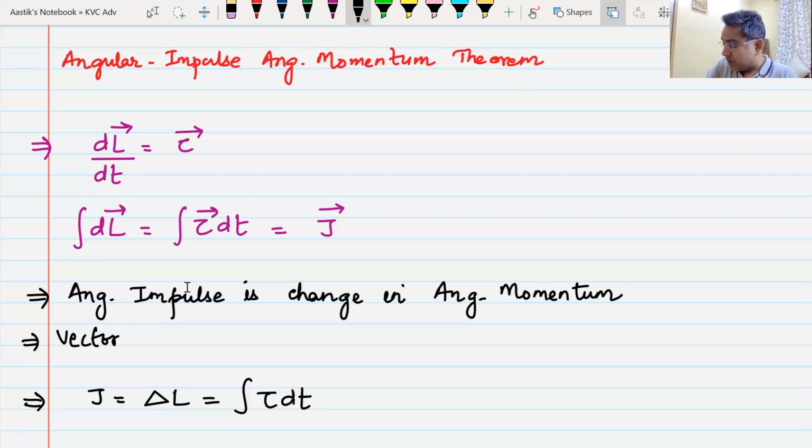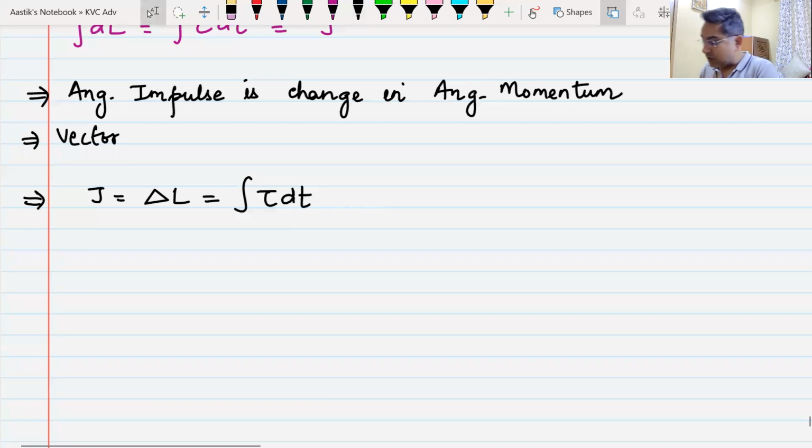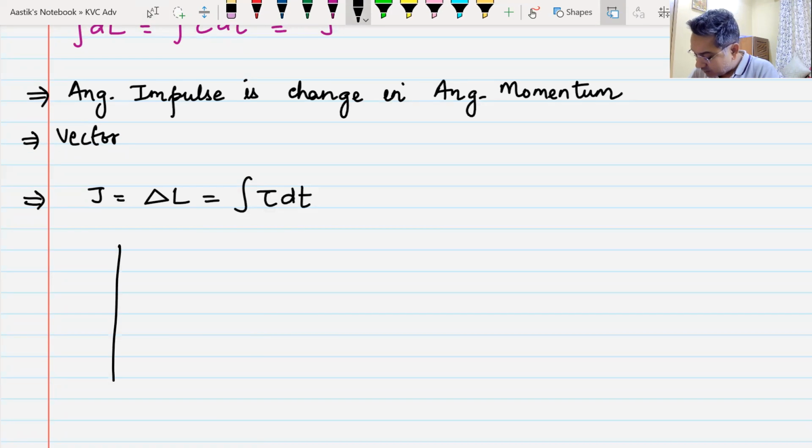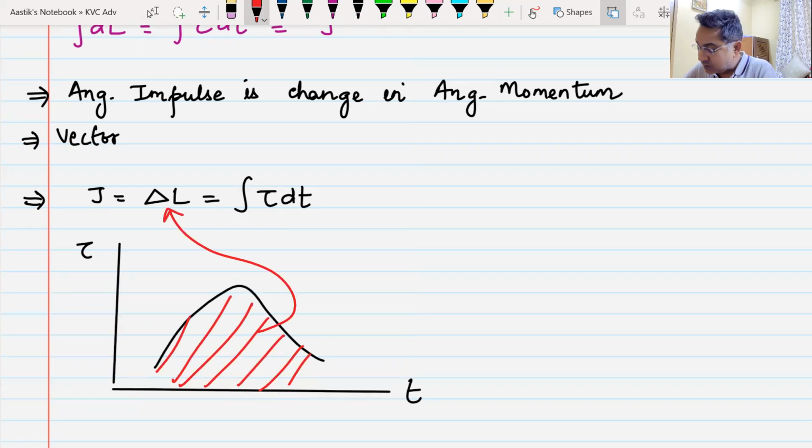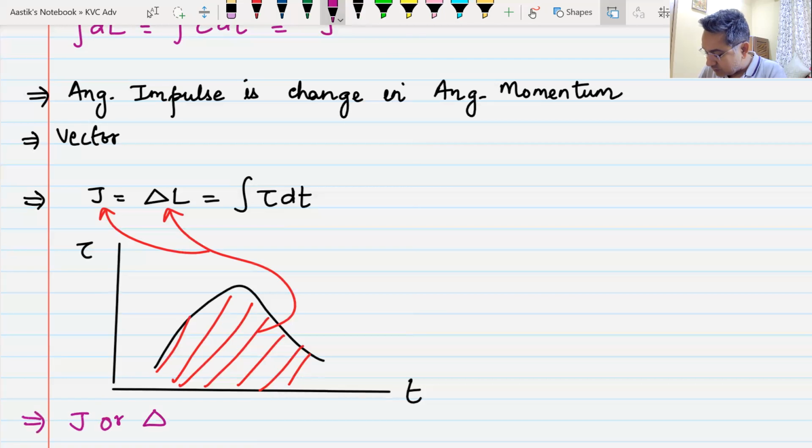Now, since it is integral of tau into dt, if I have a graph between tau and t, the area under this graph will give us the change in angular momentum, or it will give you the impulse. So angular impulse J, or change in angular momentum, is the area under the tau-t graph.